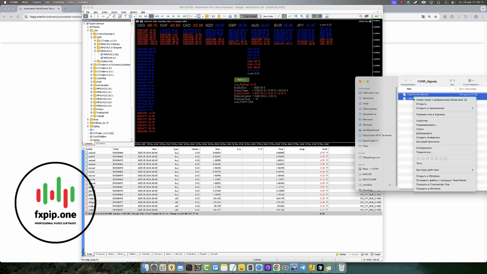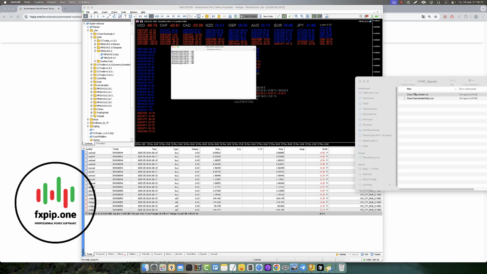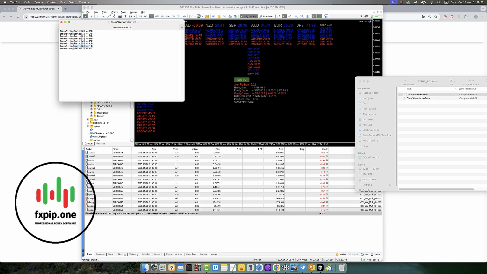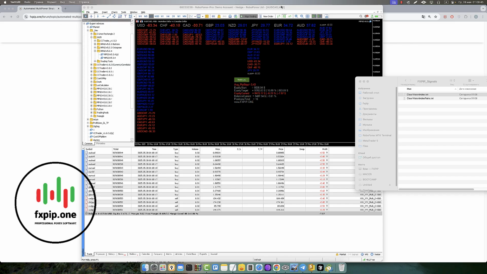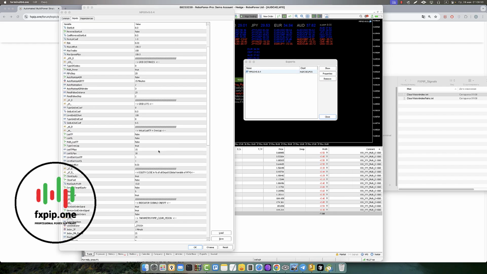Let's delete them. And what do we see? We pick up new signals. See this EUR. So EUR at second place. So I hope you understand that if you close all in profit, we pick up the current signal from this indicator. That's what I wanted to show you.